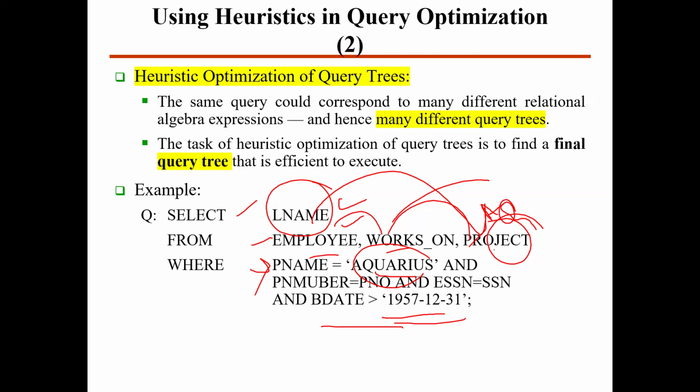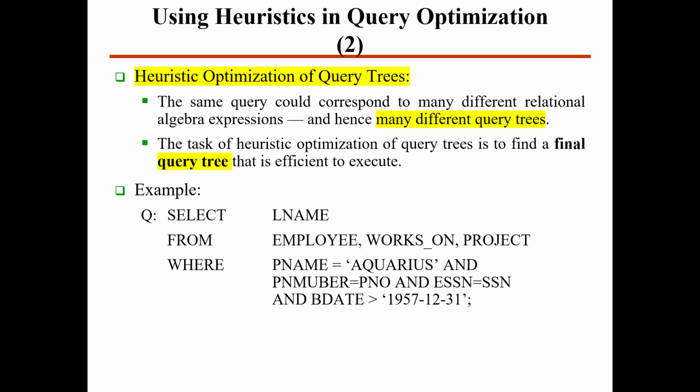Hence, we need to make a link between these tables, which is done by using project number and SSN. SSN is inside the employee table, the primary key. ESSN is inside the works on relation, and the project number is inside the project table. So we have this condition to link 3 tables.